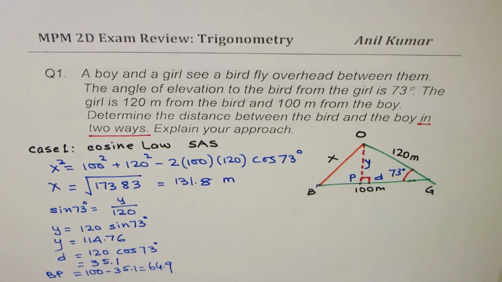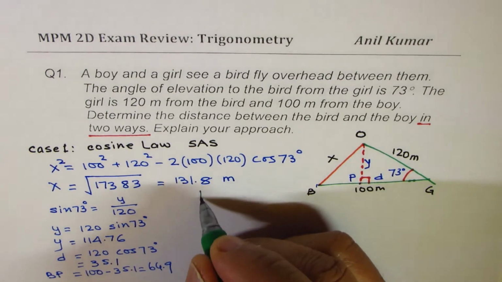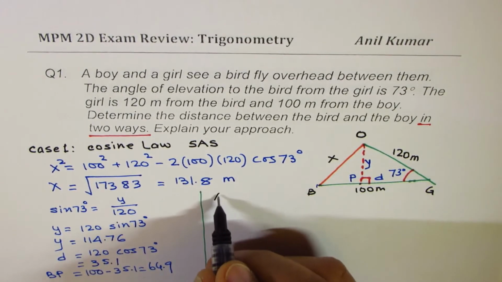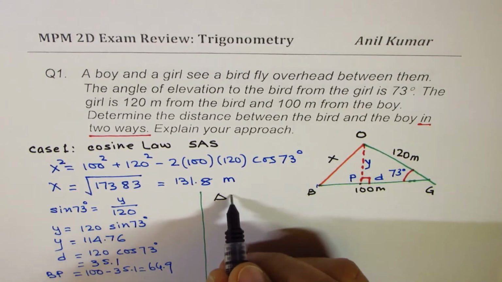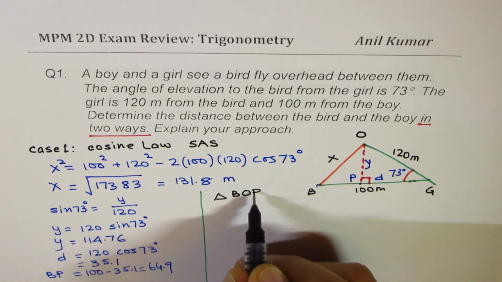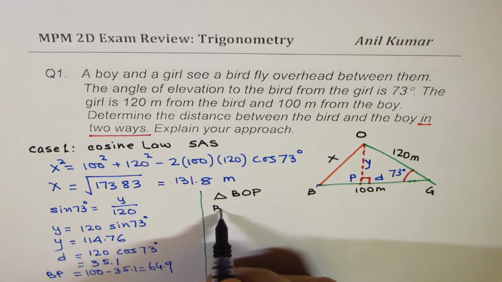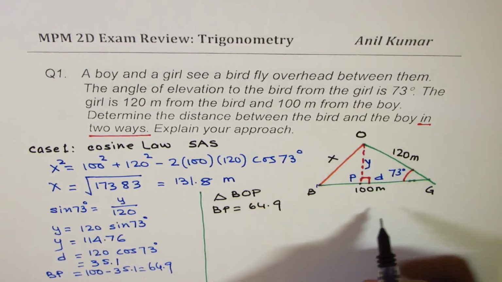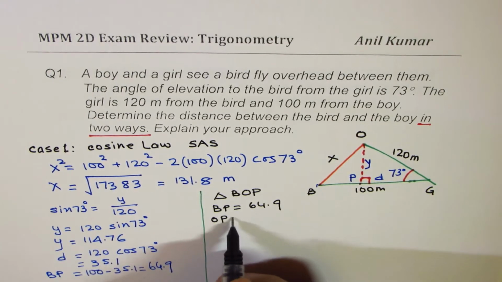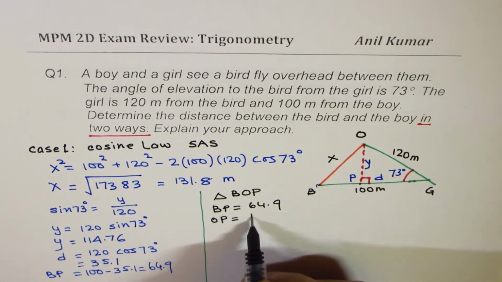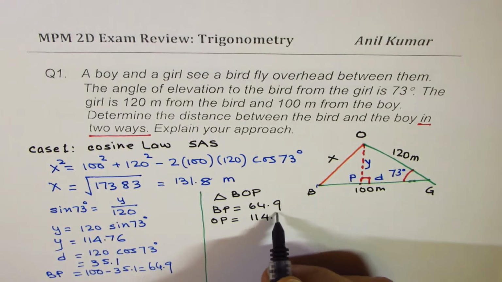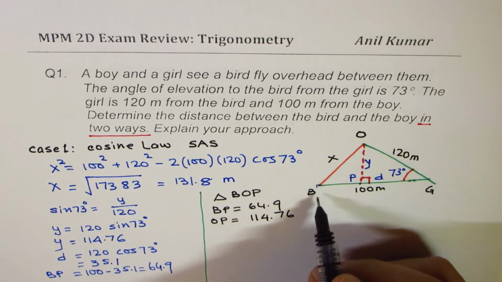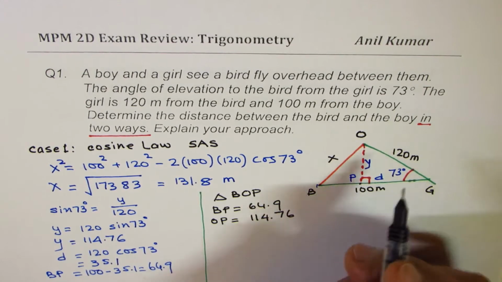We know y. Perfect. So in this particular triangle, the triangle BOP, we know that BP is equal to 64.9, and we know OP is y, 114.76.